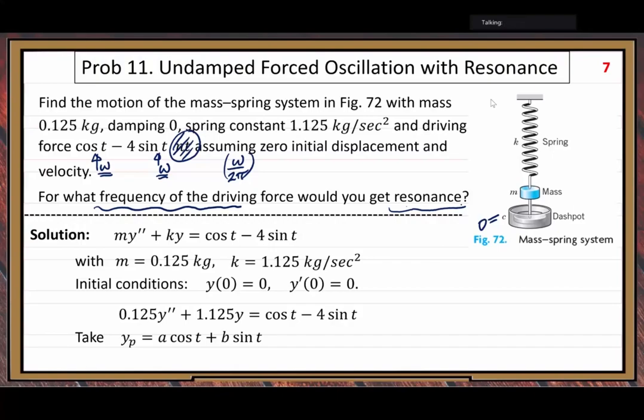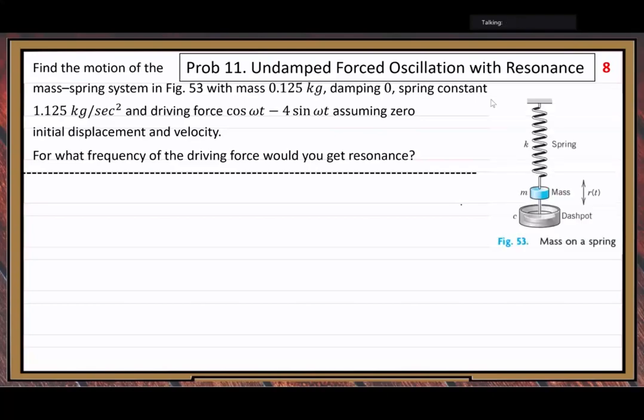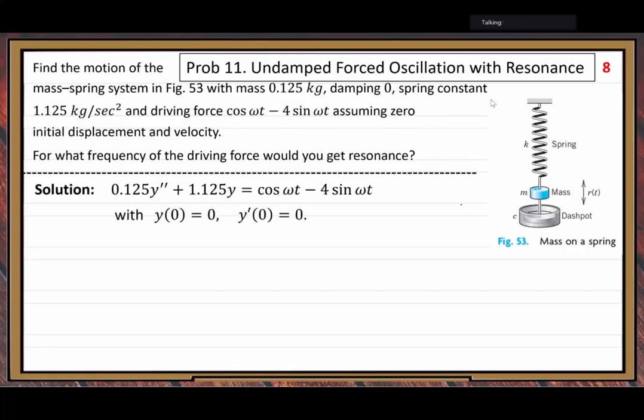This time I add omega, because on this version we need to determine that omega. This time we consider omega to be determined. So YP has this form.